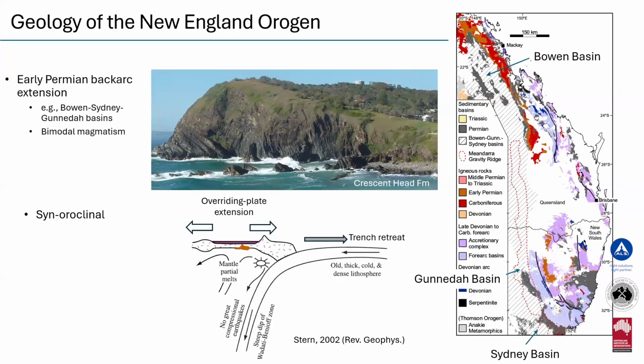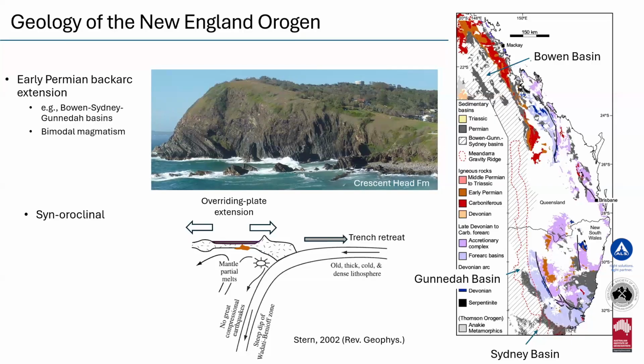Based on a lot of work that we did, particularly in New South Wales, we think the timing of oroclinal bending occurred during the early Permian. Even though these are mega faults, they actually form by back arc extension, by translation and rotation of blocks because of the space formed by extension.